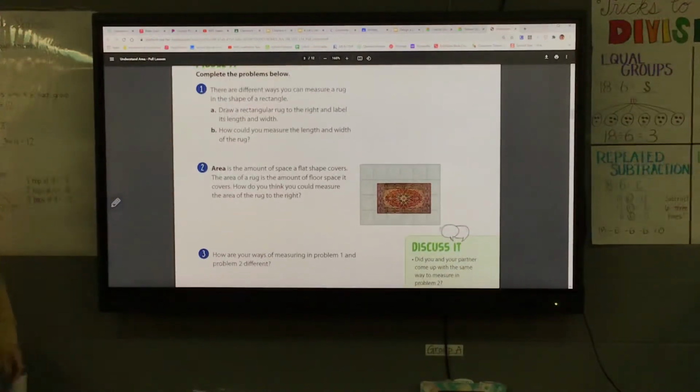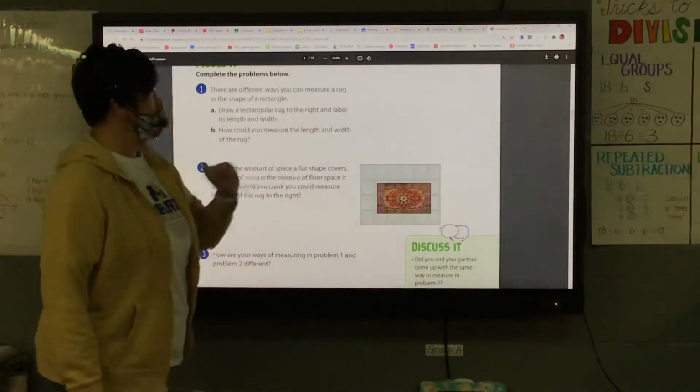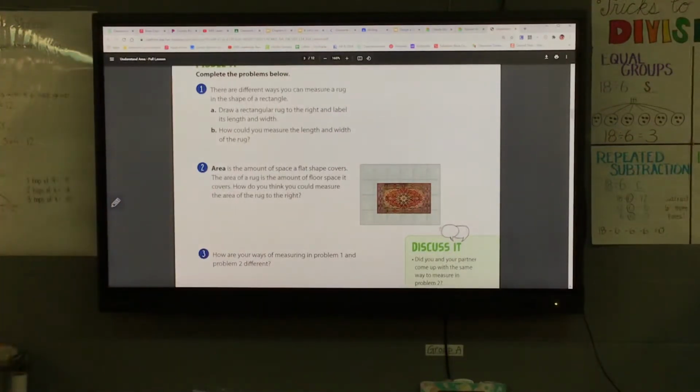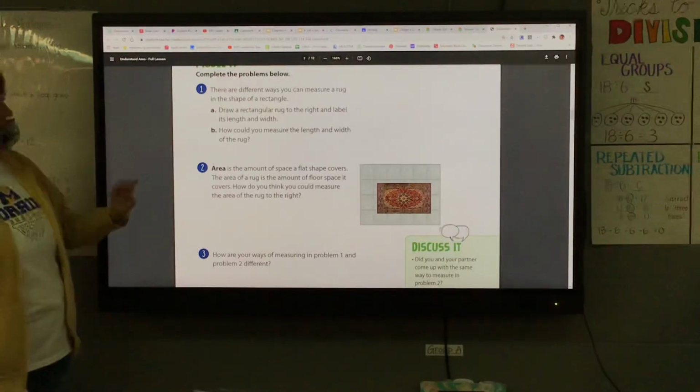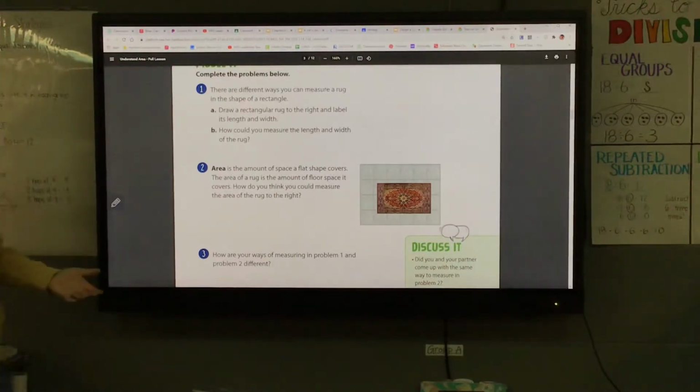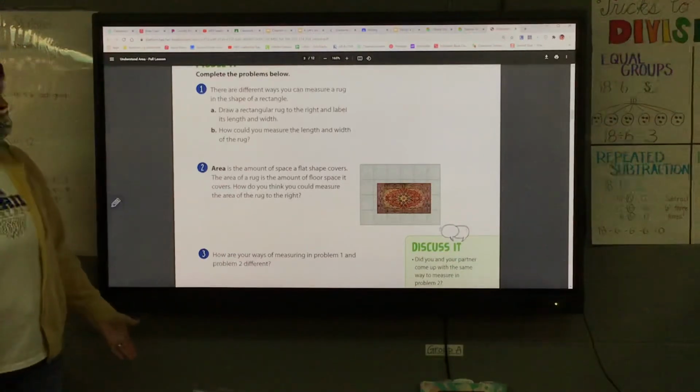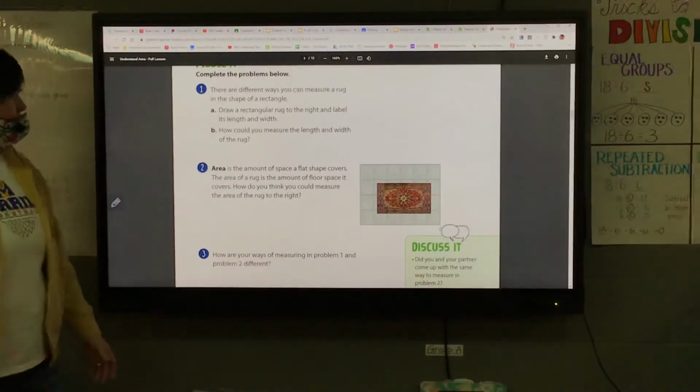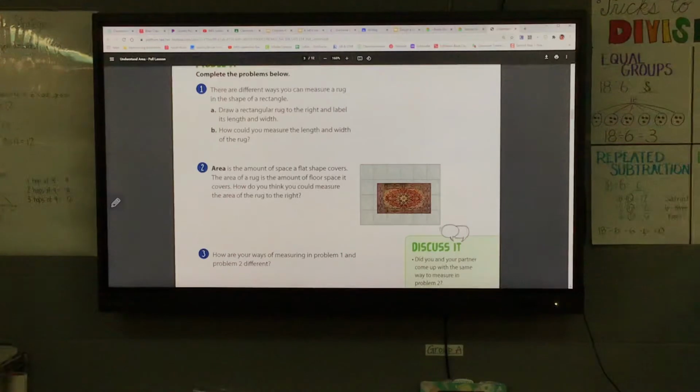A, draw a rectangular rug to the right and label its length and width. And then B says, how could you measure the length and width of the rug? Well, let's focus on that. Is everybody on page 303?